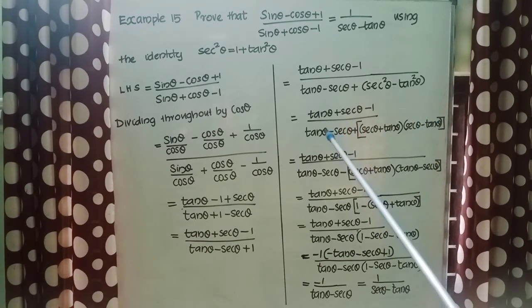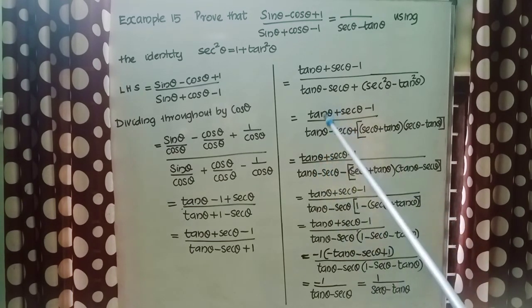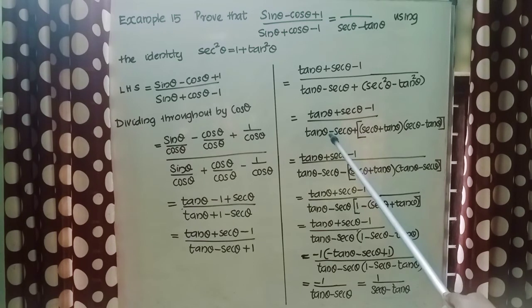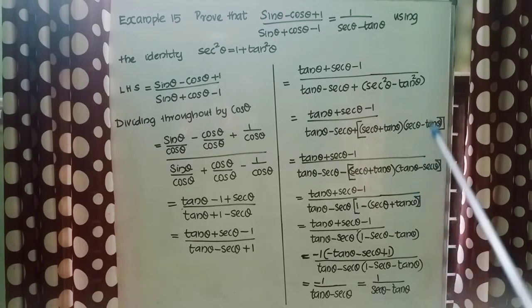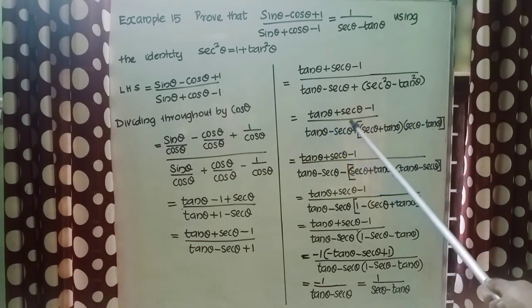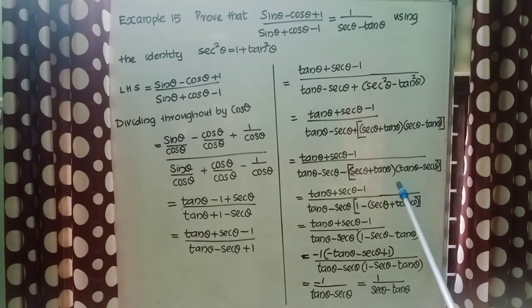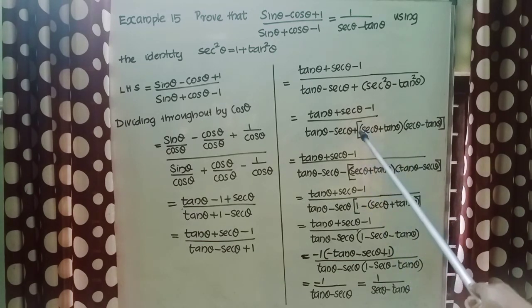Now you see the common term we need to take outside, but here it is tan theta minus sec theta and here it is sec theta minus tan theta. So this value also we need to make tan theta minus sec theta. To make sec theta minus tan theta into tan theta minus sec theta, let us change the middle sign.